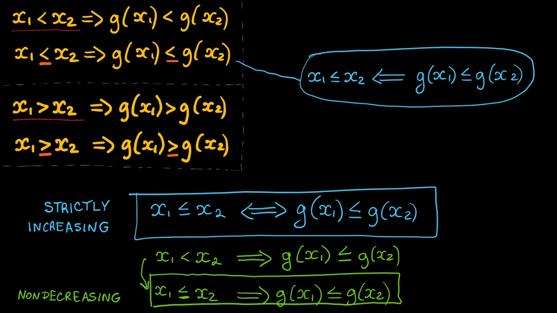And notice that it is weaker than the one for the strictly increasing function g. Because for the non-decreasing function, there's only the if direction, but for the strictly increasing, there's the reverse direction. It's an if and only if statement. So that reverse direction is the key differentiating factor between a strictly increasing function and a function that's merely non-decreasing.